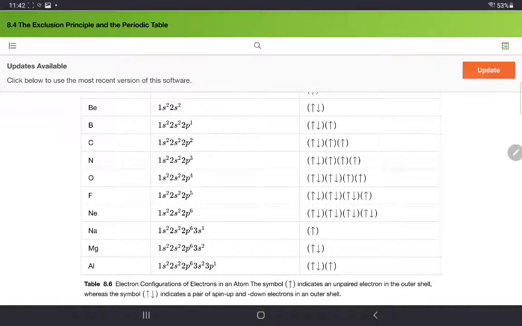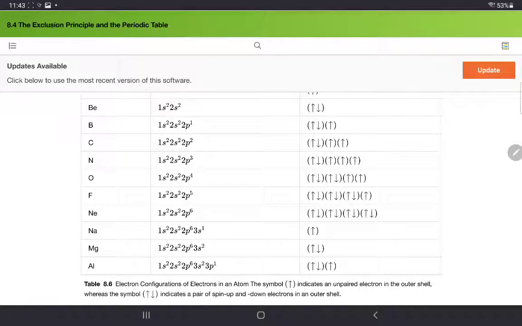And then we actually finished filling out all of the n equals 2 configurations, right? So n equals 2, L equals 0 is the s orbital, and n equals 2, L equals 1 is the p orbital. And we finished them, and now we have the 3s2 orbital, so magnesium.